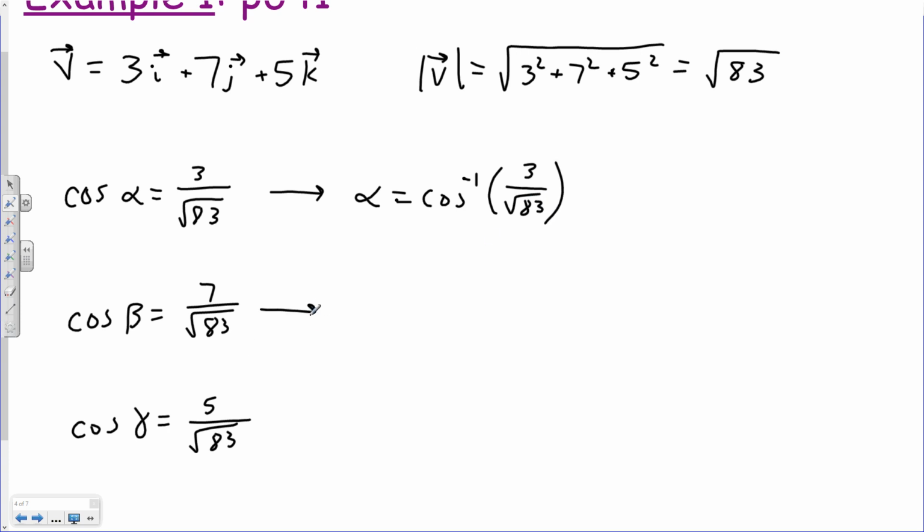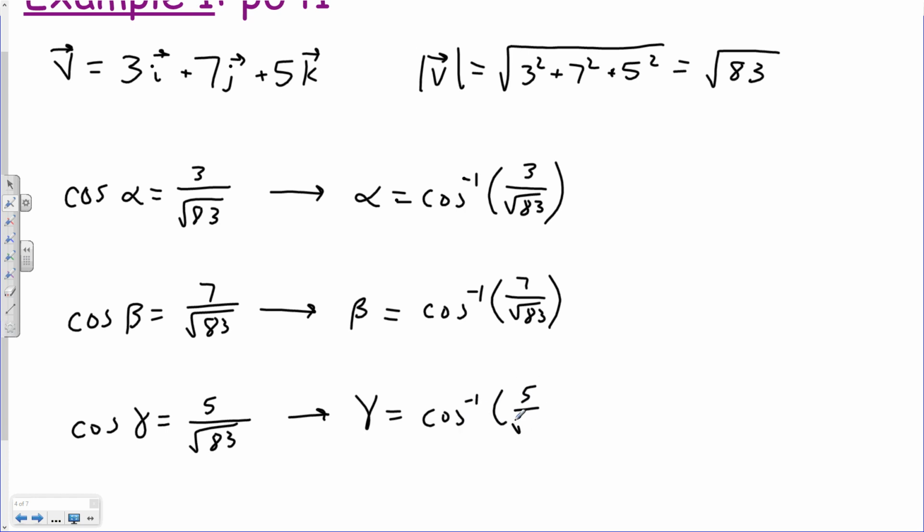And for beta, we'll punch these in our calculator in just a second, but let's write down what the three of these are. That's going to be 7 over the square root of 83. And for gamma, that's the cosine inverse of 5 over the square root of 83.